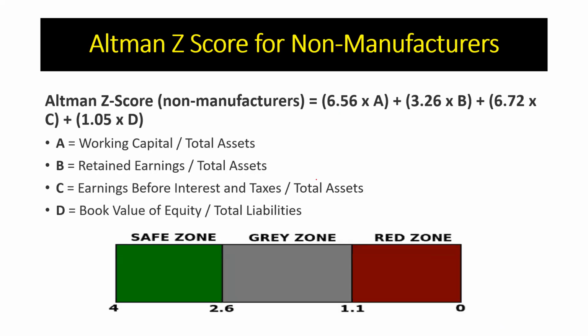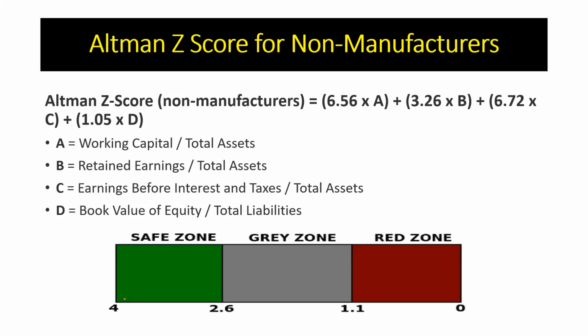In non-manufacturers, E is left out. Here the red zone becomes even smaller. It is 1.1, but the gray zone is reduced compared to private firms, which is 1.1 to 2.6. The safe zone is increased in this case.